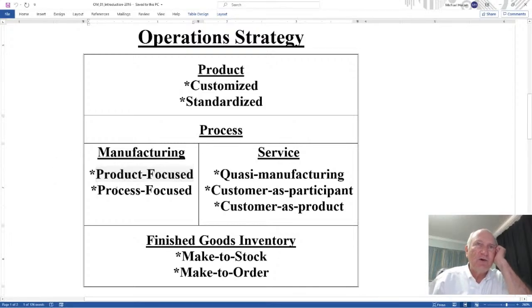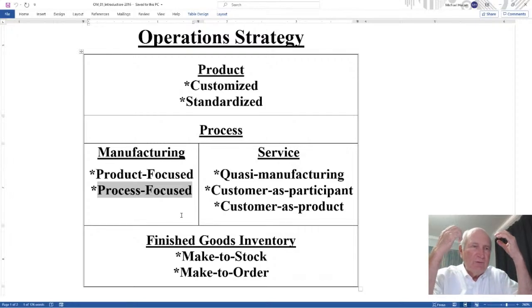The second is process focused. You say, okay, well, I'm not focusing on the needs of the product, I'm focusing on the needs of the process. Well, if you're producing something, if you're making a table, you're going to cut the wood, you're going to sand the wood, you're going to varnish the wood, you're going to assemble the wood, you're going to package it. But then an example of process-focused design is something called a job shop or maintenance shop.